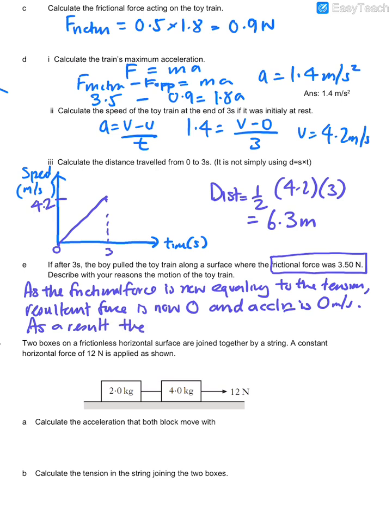The train moves at a constant speed, according to Newton's first law. You just keep on moving at a constant speed. So does Newton only have 3 laws? Yes, for all of us it is 3 laws. For Jonathan, there's 5. Okay, so this one, box number 1, this is box number 2, this is box number 3, and then this is box number 4.